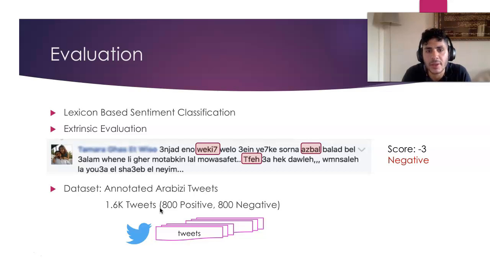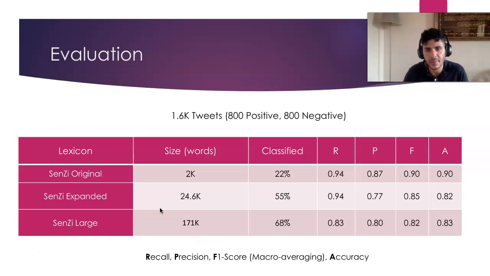We check every word if it exists in the lexicon and give it the associated score, and then aggregate these scores at the end to classify the tweet as positive or negative. Our data set is composed of 800 positive and 800 negative tweets. This is, of course, an extrinsic evaluation just to see how the induction is doing.